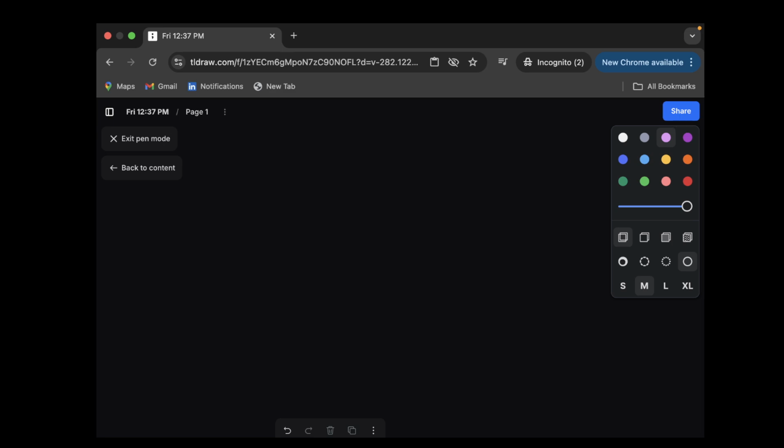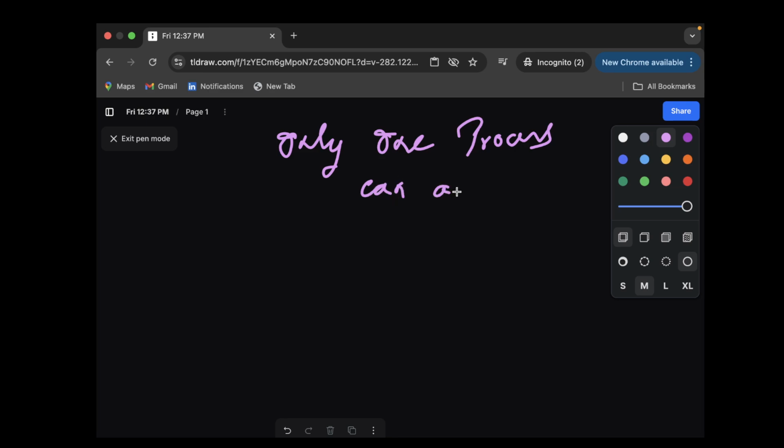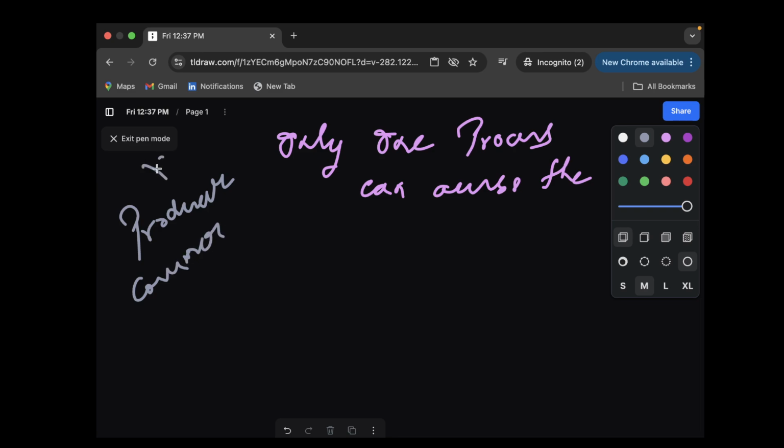Our goal is to make sure that only one process can access the critical section, because we want to achieve some coordination, right? If both of them are changing, then again we run into that producer consumer problem, so we want to avoid that. The way we do it is only one should access at a time.